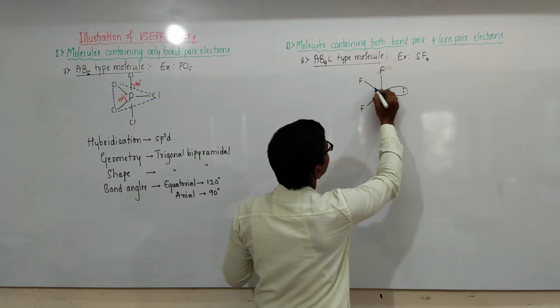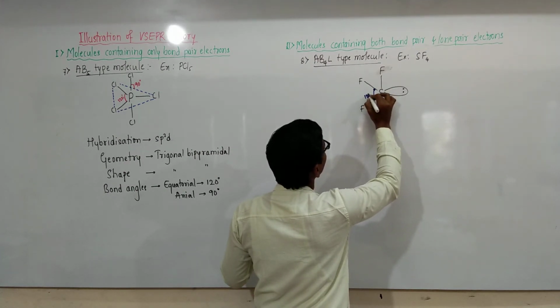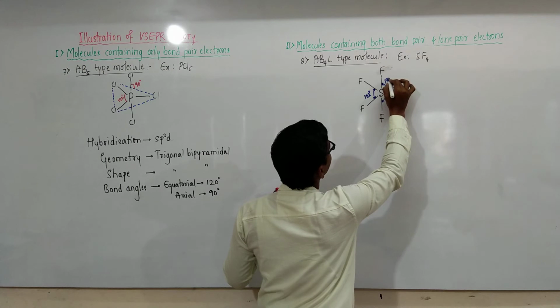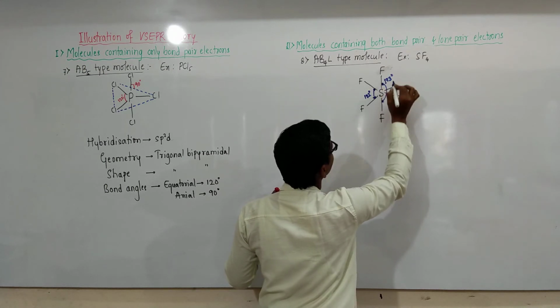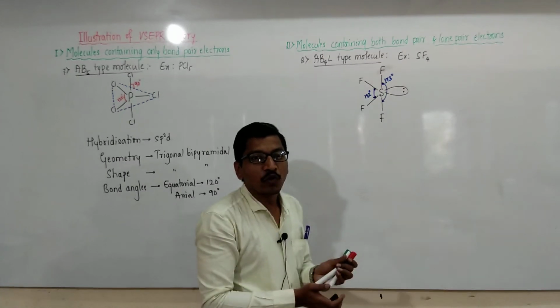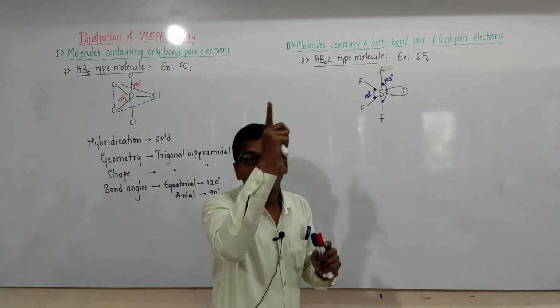This bond angle of 120 degrees becomes 102 degrees, and this bond angle is reduced to 173 degrees, because the axial fluorines are at 180 degrees to each other in the regular geometry.